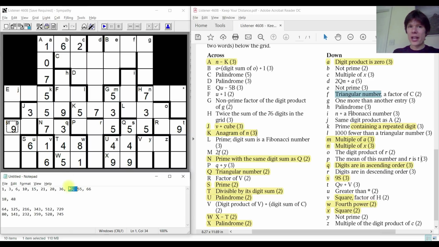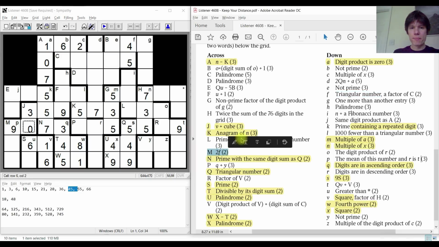That means there isn't a triangular number which, when doubled, gives you a 2-digit number beginning with an 8. So in fact, the only options for little f and big M are 45 for little f and twice that, 90 for big M. So I can cross off the clue for big M and at least part of the clue for little f, because we're also told it's a factor of big C, which I'll come back to a little bit later on.